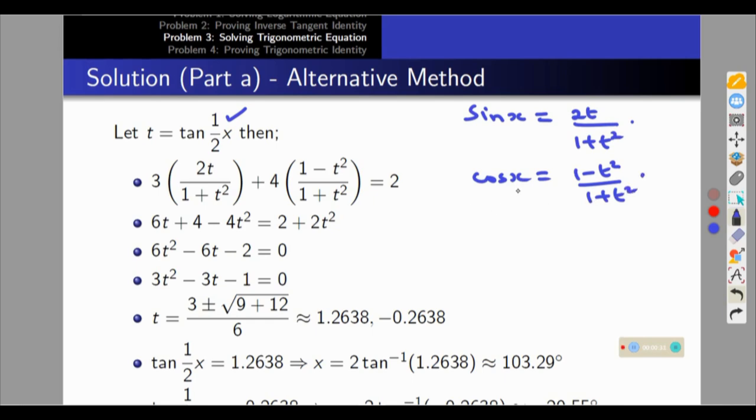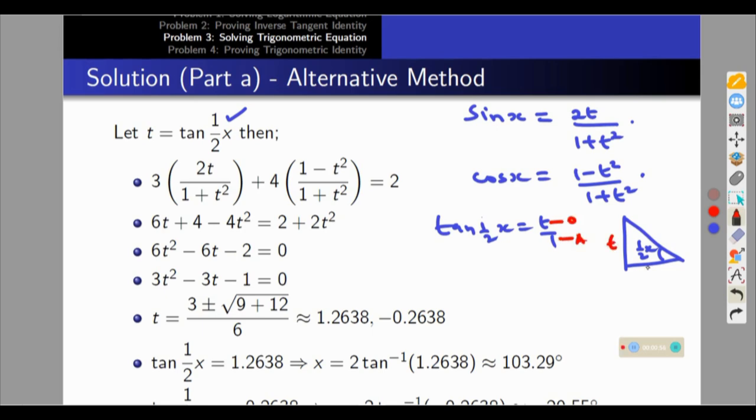You should be able to easily come up with this, because you know if tan a half of x is equal to t, this is same as t upon 1. So when you come back to your triangle here, and if this is a half of x, then the tan is opposite over adjacent.